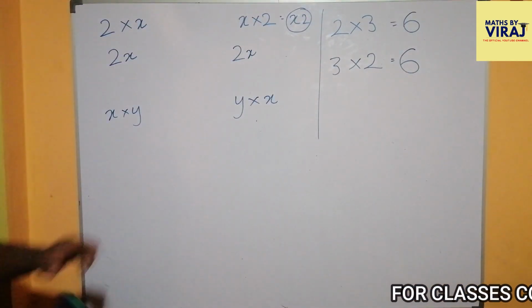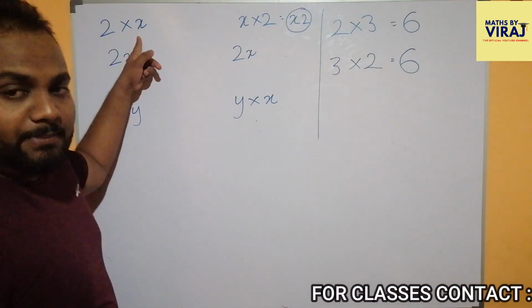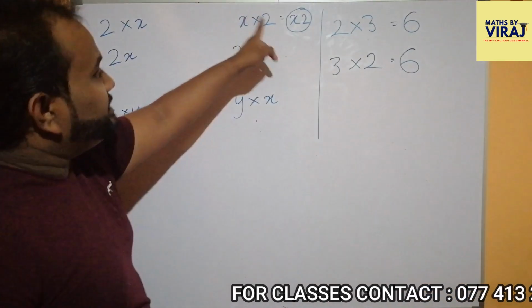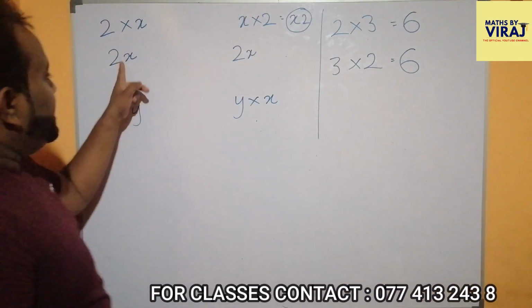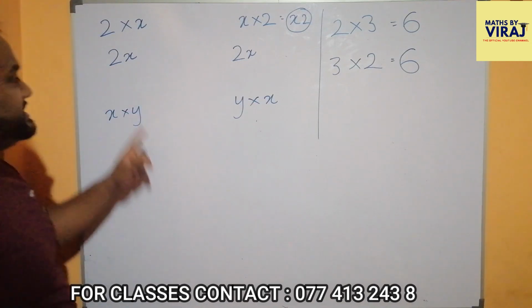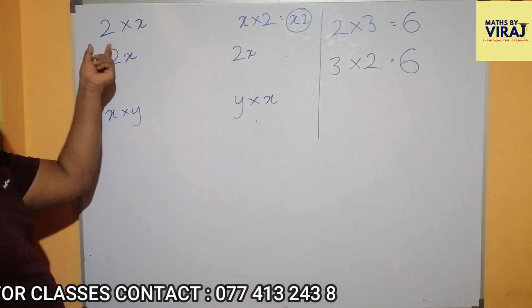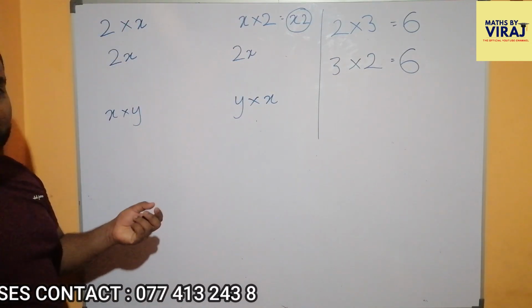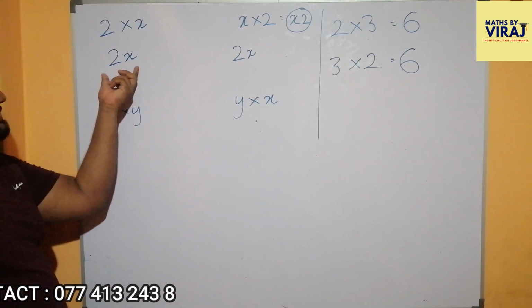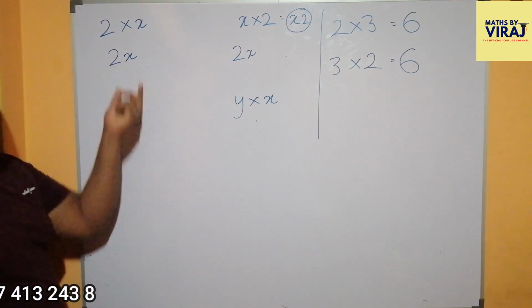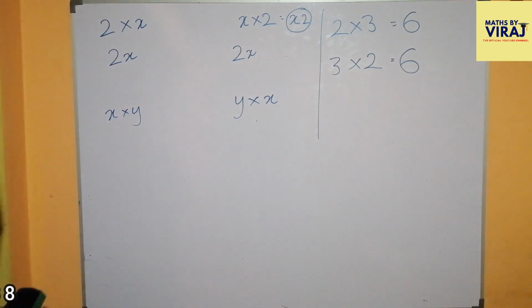Therefore, always remember children, even if 2 is multiplied by x or x is to be multiplied by 2, the final answer always comes as 2x. Number into a variable, always it comes as the number and then the variable.